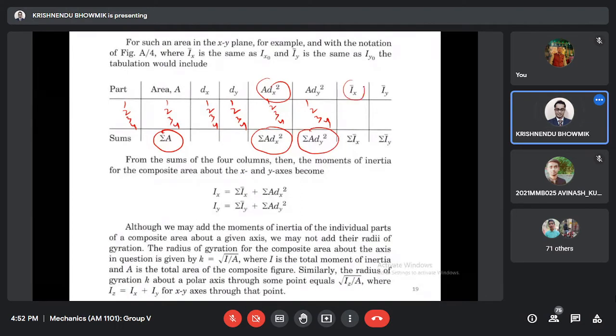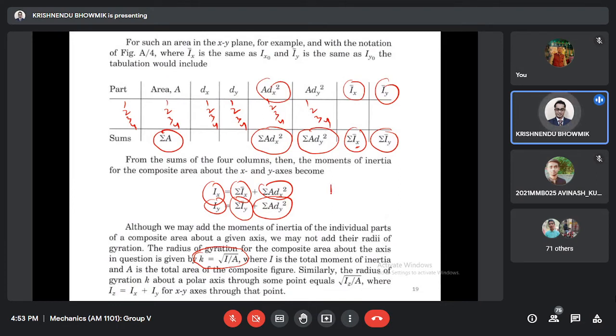Ix centroid, this value, then this value, this is the summation. Finally, I will have this Ix bar plus summation A d square. Iy will be Iy bar plus summation A d square. And finally, single value of k will be square root I by A. Single value means for the entire body.